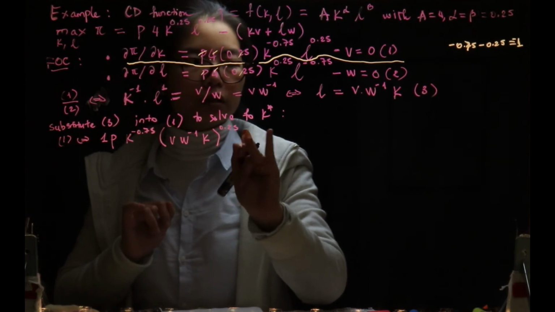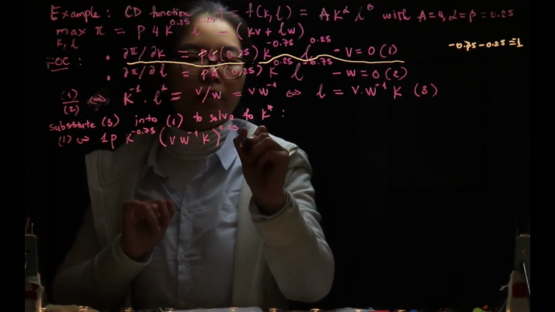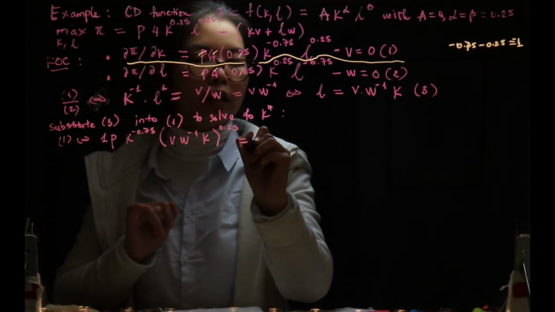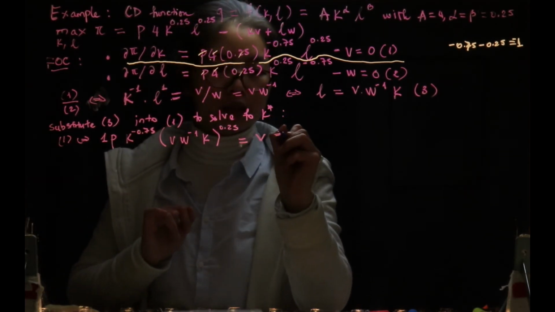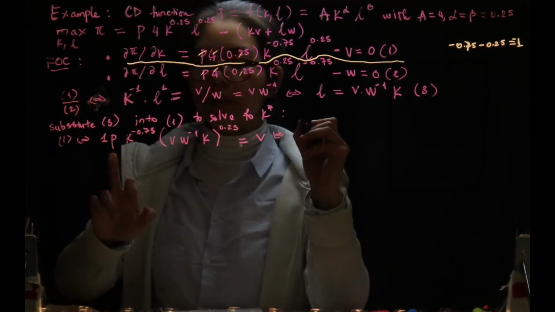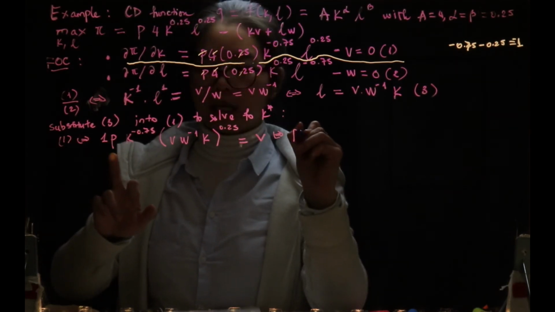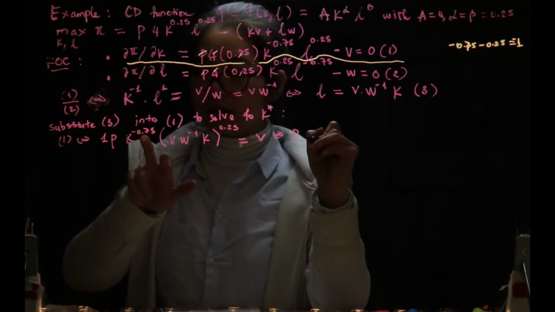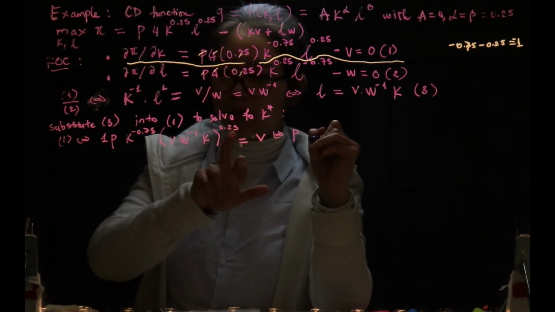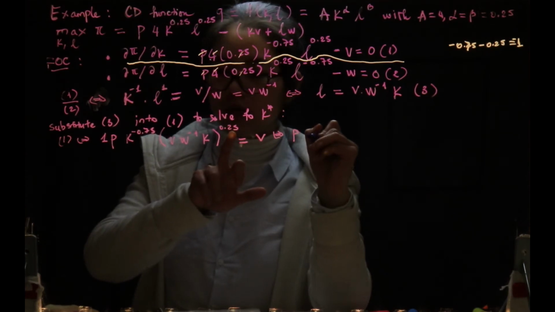Sorry, we still have something minus V, but let's put V to the other side of the equation. And simplify further here. We have P stay the same, K now minus 0.75, and here 0.25. So at the end, what will we have?